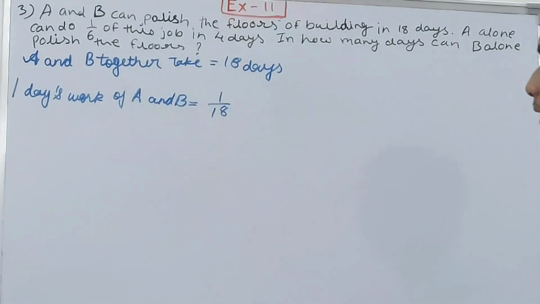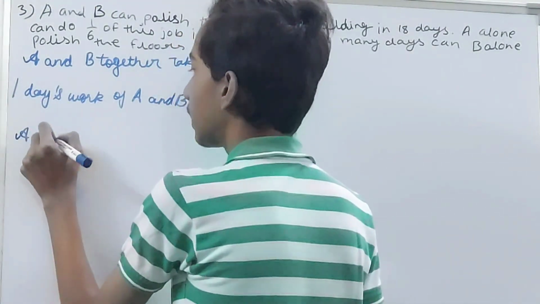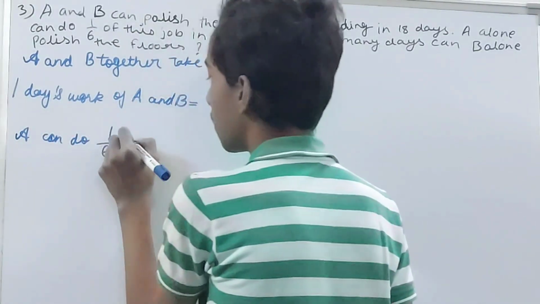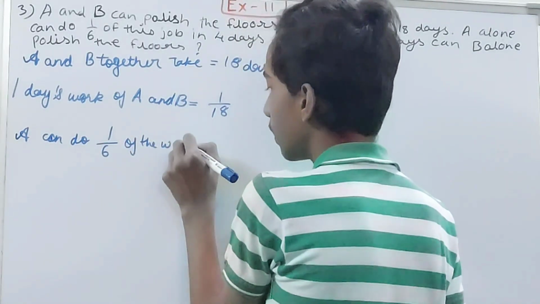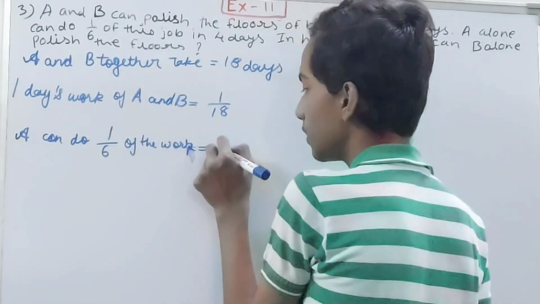Now see, it is saying A can do 1 upon 6 of the work in how many days? 4 days.